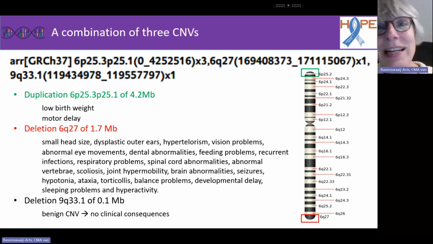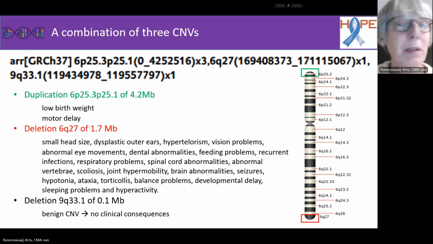It's in the green square on the right side of the slide. There's a second, and that is again ×3. Then there is a loss, so a deletion in 6q27, the red square on the right side of the slide. And in addition to that, there's also an aberration of chromosome 9 in band q33.1, ×1, so a loss on chromosome 9.